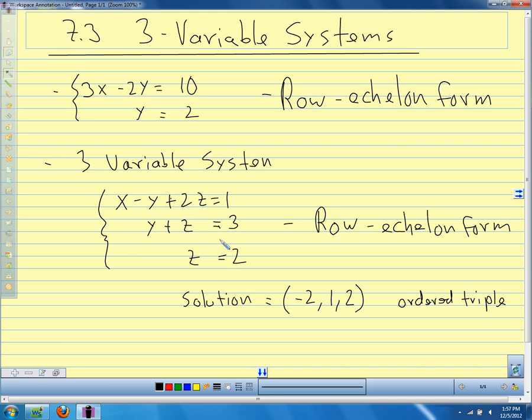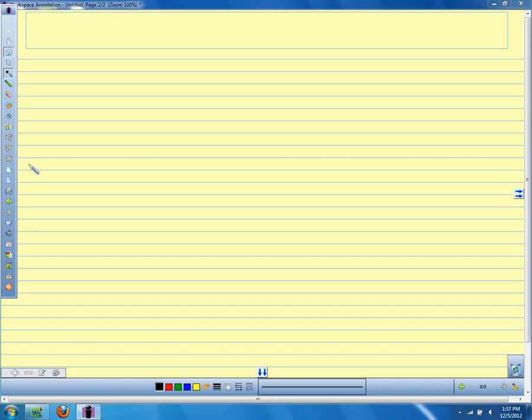What we're going to do to get our system into row echelon form is what we call row operations. I just want you to be familiar with these terms so when you see them in the book, when the problems ask you to do something, you'll understand what they mean.